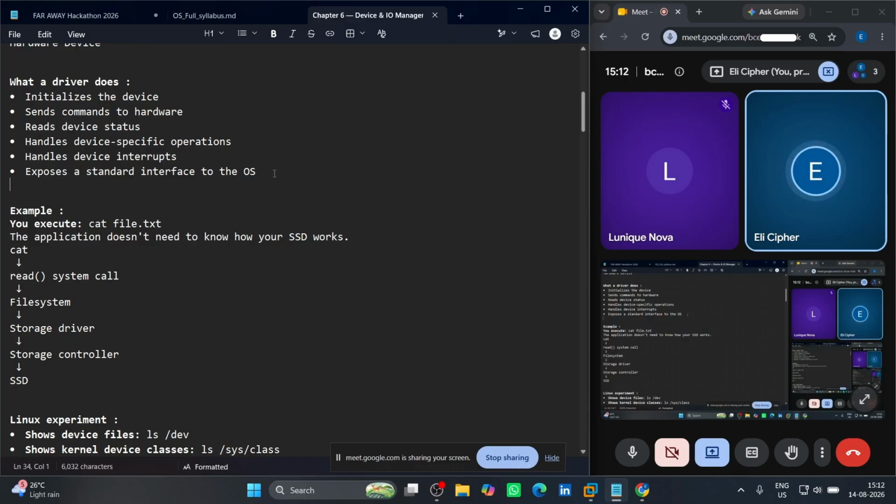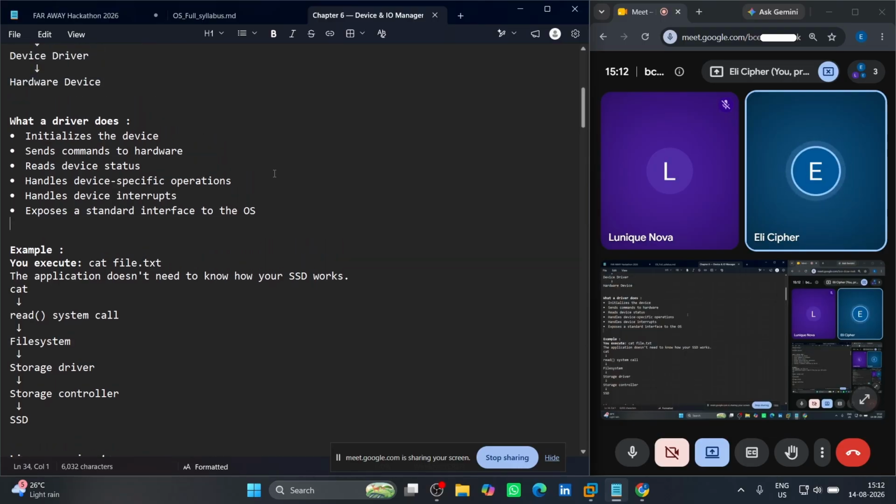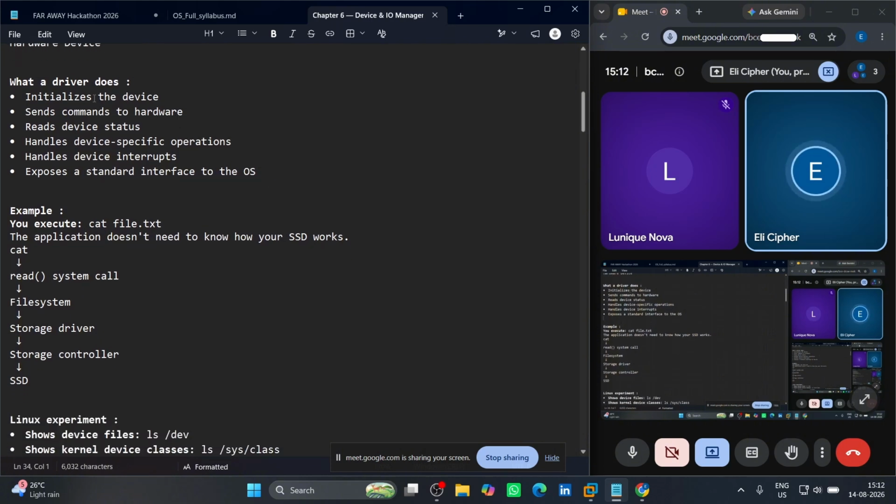The specific layer which works there to convert it is a layer which helps to communicate between the two parts. Same here: the drivers are the ones which help to communicate between the operating system and the hardware.